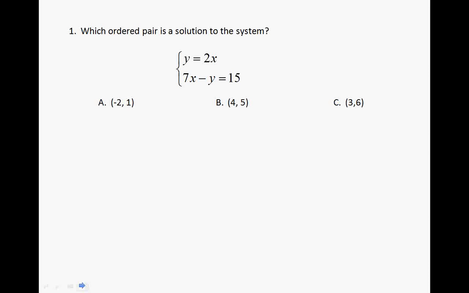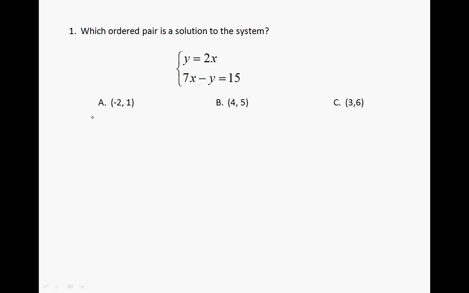Which ordered pair here is a solution to this system? Okay, so I have the system y equals 2x and 7x minus y equals 15. These are two completely different equations, and I want to find an ordered pair that is a solution to both of them. So all you have to do is just substitute. It's kind of like a guess and check thing.